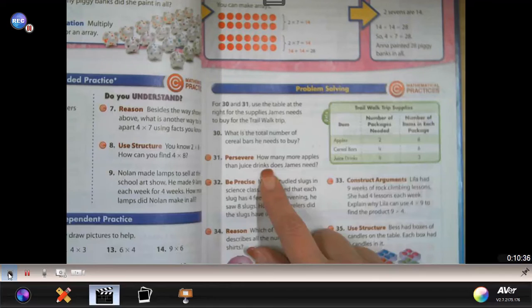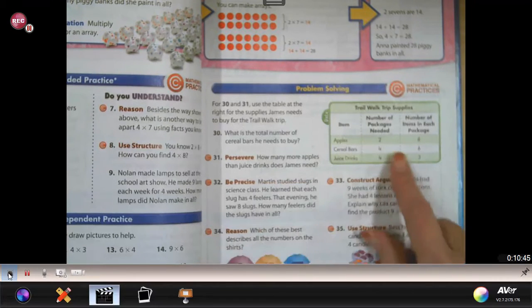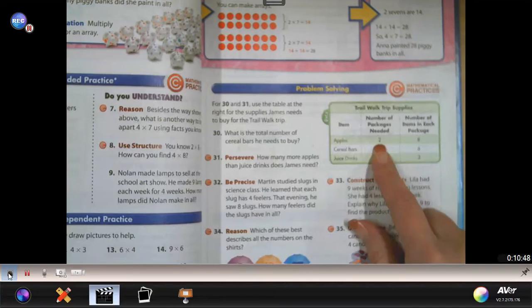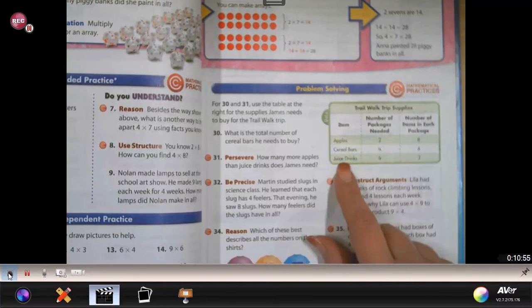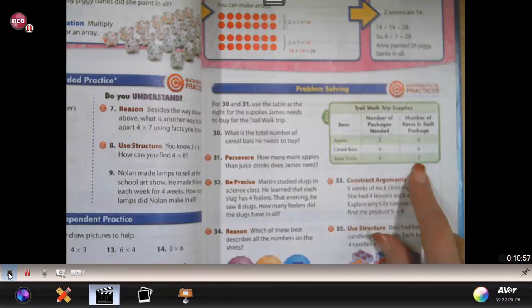So that tells us that we are going to subtract the difference between the apples and the juice drinks. So we already know how many apples we have. We have 2 groups of 8, and that's going to give us 16. We have 4 groups of 3, which is 12. And if we look for the difference of 16 and 12, we are going to get 4 more apples than juice drinks.